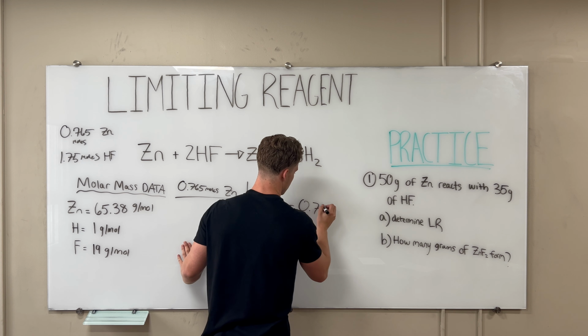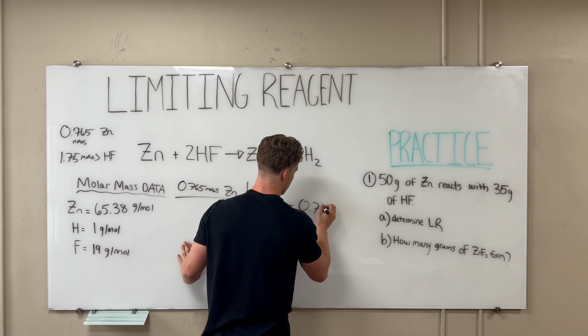So let's see how many moles of ZnF2 we can make with HF. So 1.75 moles of HF. Remember, there are 2 HF for every 1 ZnF2.